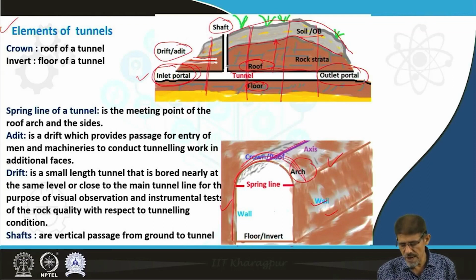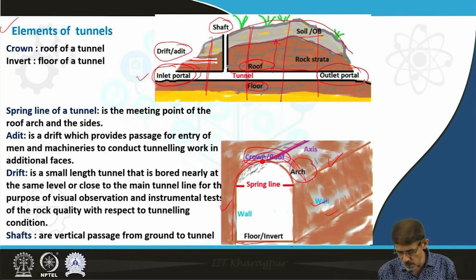Then the central line we recognize as the tunnel axis, and the maximum or apex point we recognize as the crown or roof. This whole part is the roof, and this point is the maximum curvature point, which we recognize as the crown of the tunnel.